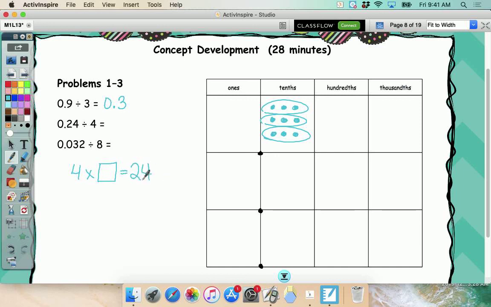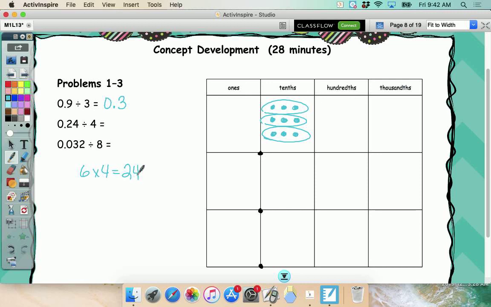So when I divide, and not everybody's like this, okay? But this is how Mrs. Lewis does it. I actually multiply. Now, we are so good at our facts by now that we automatically know what fact family this is. What fact family is this? 6 times 4 equals 24.